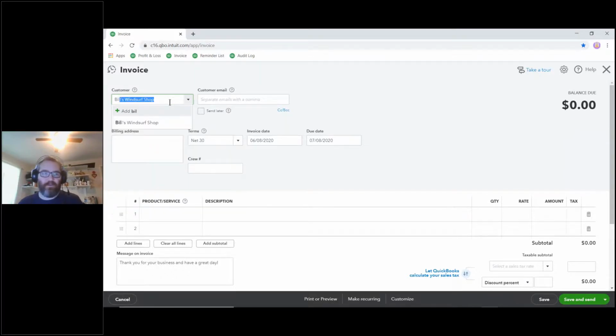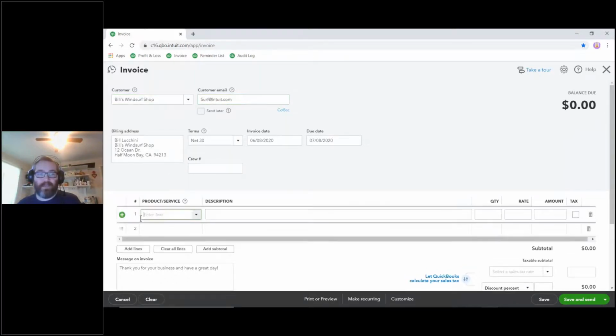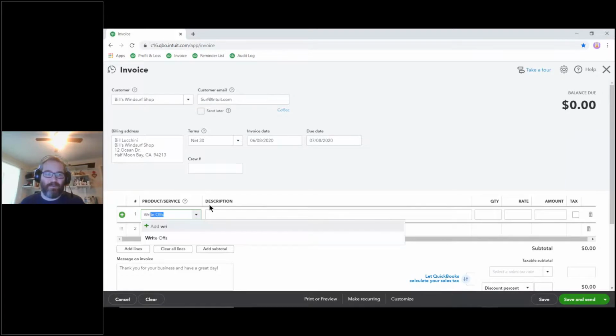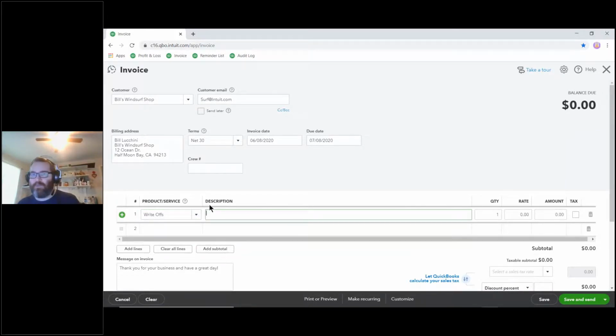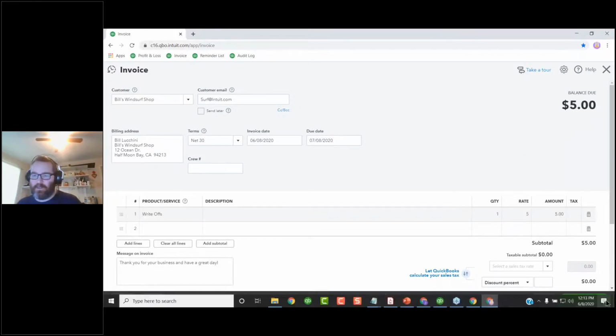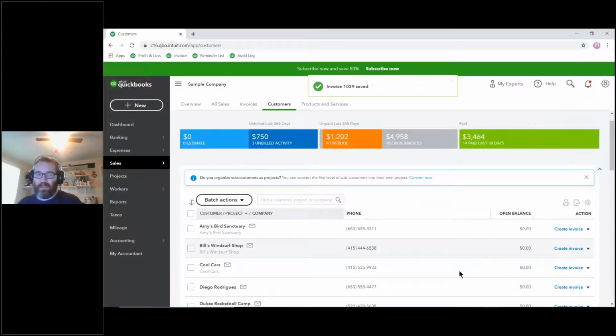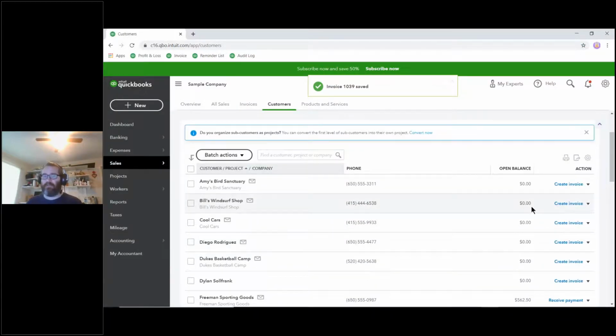So I'm going to put in Bill's Windsurf Shop. The item that I use here is actually going to be the same item we used earlier, the write-offs, and then put in the $5. We're not going to save and send it, just save and close. And so now they have a $0 balance. So basically, you've just created an invoice to bring up that balance, right? And to get rid of that credit.